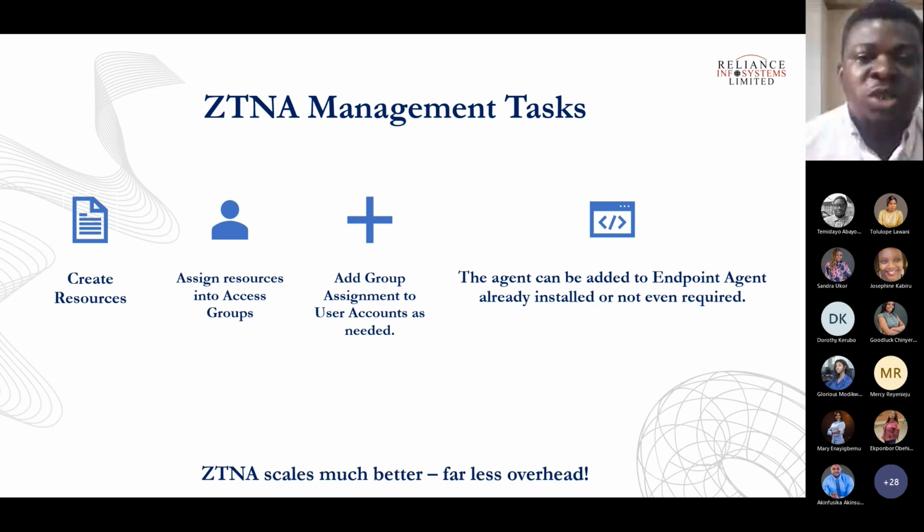Do you have an auditor who needs specific access to a particular application? You can create those resources for each individual or department group. Let's say HR wants to access some ERP applications that speak only to HR. You can create that as well.